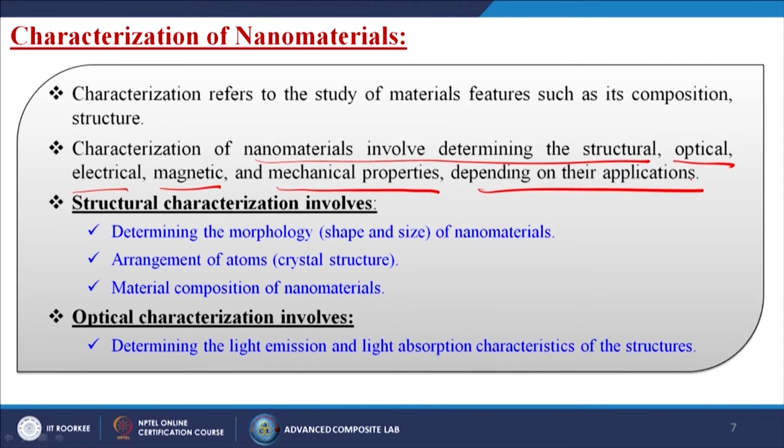Structural characterization involves determining the morphology, that means shape and size of nanomaterials, arrangement of the atoms, that means crystal structure, and material composition of the nanomaterials. And optical characterization involves determining the light emission and light absorption characteristics of the structures itself.